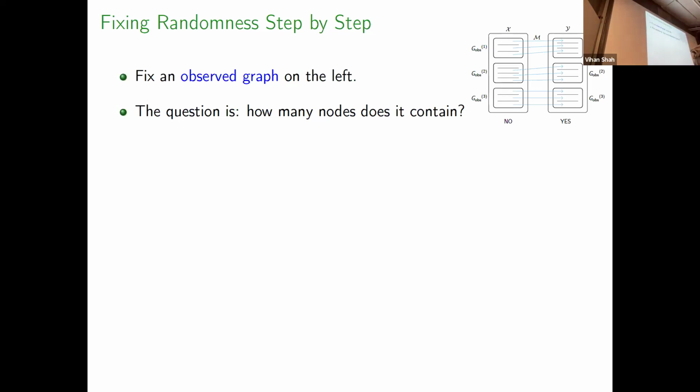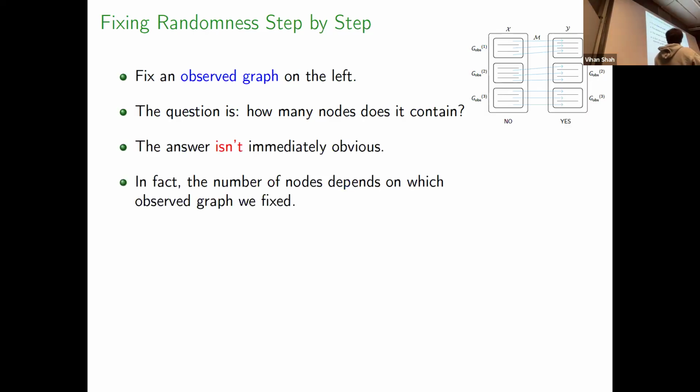This is not an easy question. I don't know how to figure out how many nodes it contains. In fact, it depends on which observed graph you fix, right? If you want to just count the number of nodes on the left and right, it does not seem that easy to do.